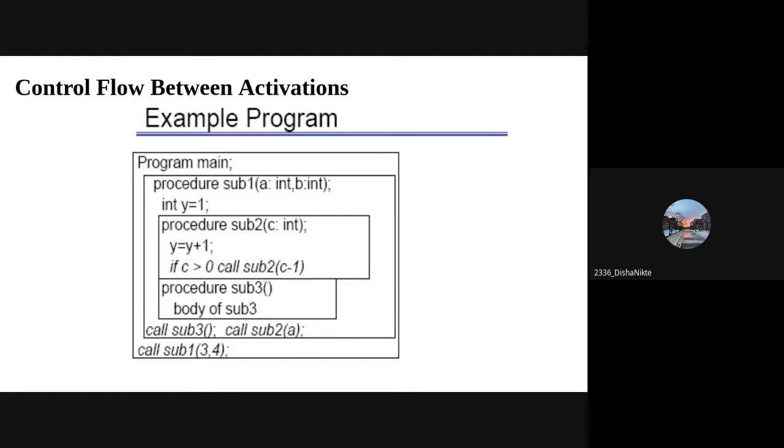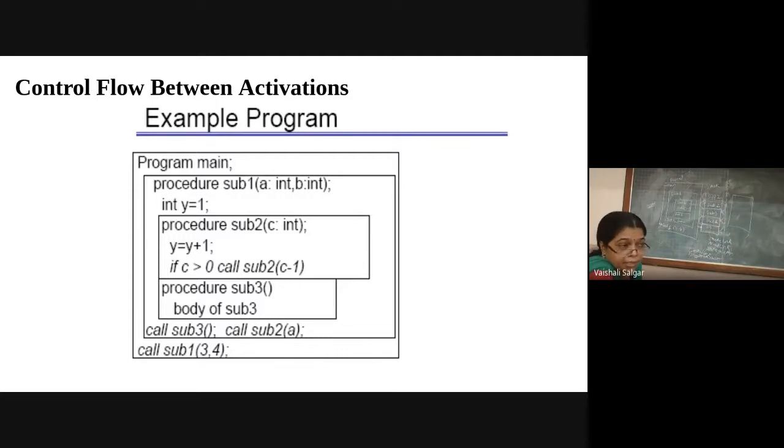Then it goes from sub1 to sub3, then sub3 to sub2. The control link is nothing but dynamic, that is, at runtime, how my program or compiler will come to know, after completion of the process, where the pointer should return. That's why the control link, or dynamic link, is the link which points to the activation record of a caller. So for sub1, M is the caller, so it will point to the activation record of M.